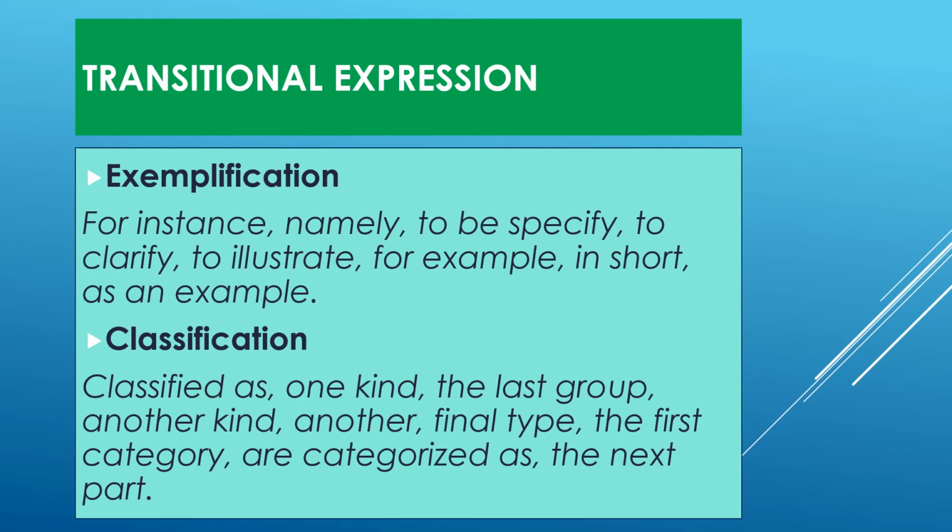On the other hand, some transitional expressions in writing effective classification paragraphs include classified as, one kind, the last group, another kind, another, final type, the first category, are categorized as, and the next part.